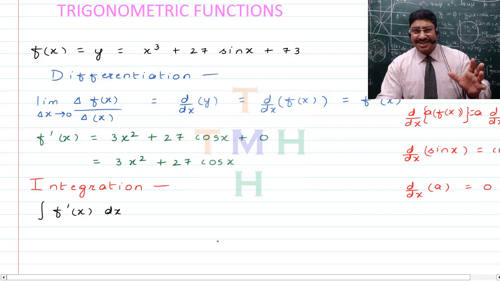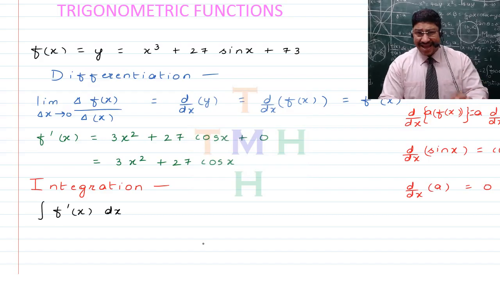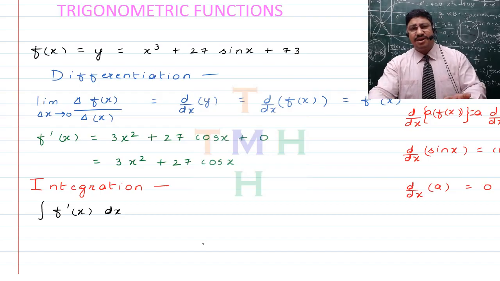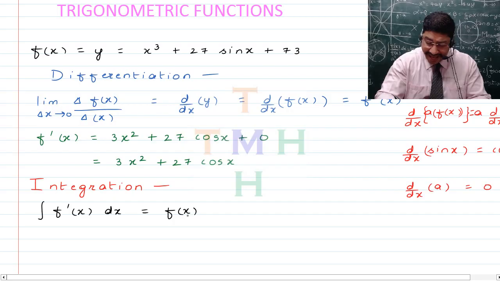At the moment, just remember that it is always customary to write dx when you multiply it with the derivative of a function where the independent variable is x. If the independent variable had been, say, t, then this would have become f dash t times dt. Now children, when we find the integral, we will get the original function f of x back, and to that is going to be added the constant of integration.